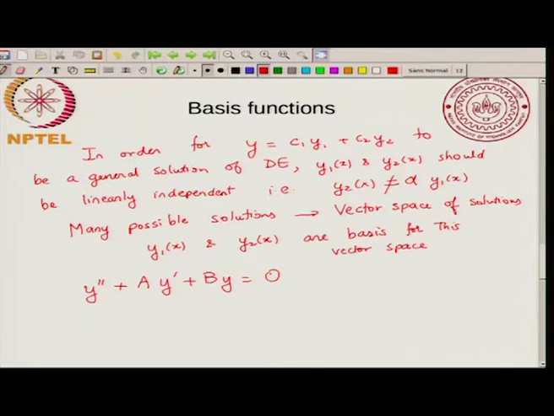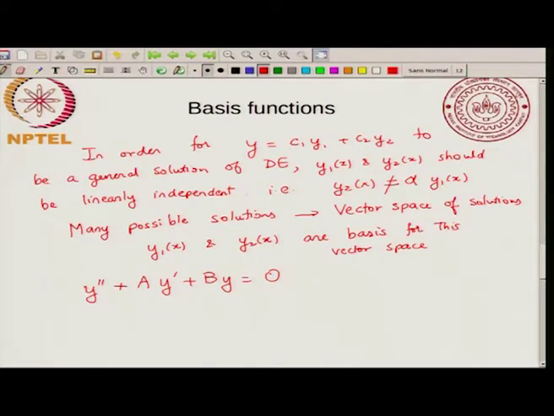So they can be any functions, and if you have two linearly independent solutions y1 of x and y2 of x, then you can write any solution as a linear combination of those two solutions.